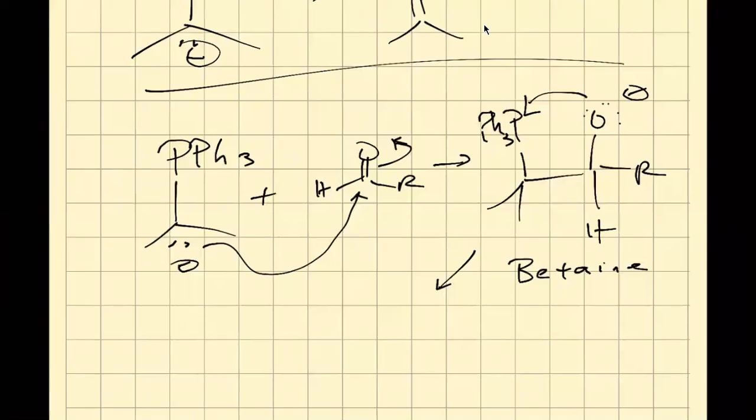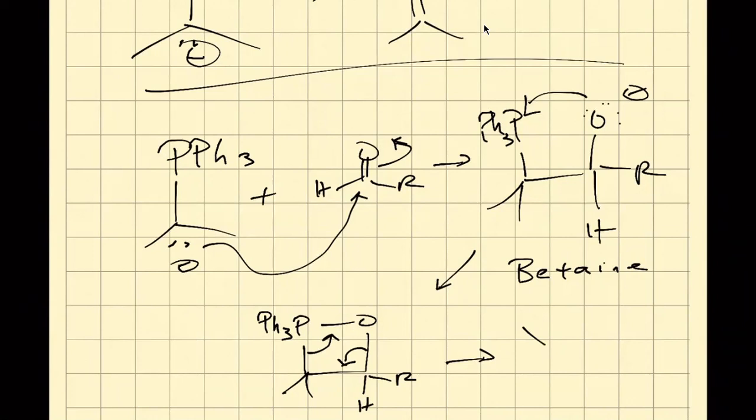So you make a P-O sigma bond first, and then from that, this collapses like so, and then you end up with your alkene, plus phosphine oxide, which is basically the driving force for the reaction.